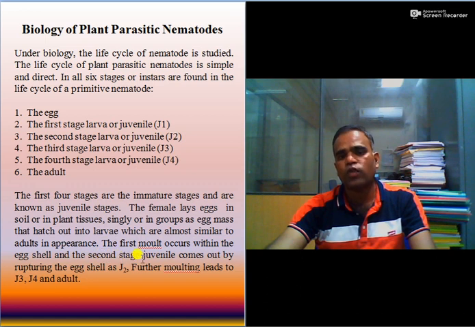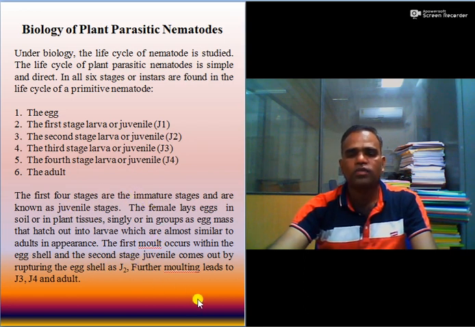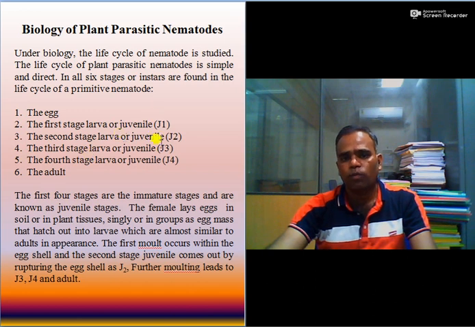The second stage juvenile comes out by rupturing the egg cell. From juvenile J3, sexual differentiation occurs. After that, J4 and adult stages are formed. So this is all about the life cycle of this nematode. There are 6 life stages, 4 molts and 4 juvenile stages.